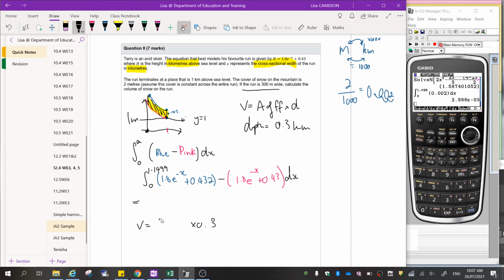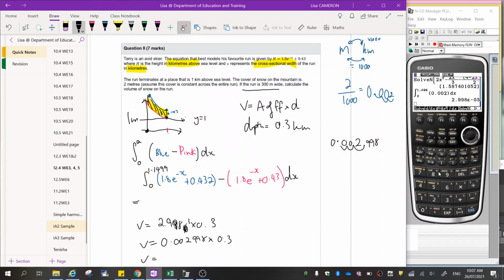That gives me 2.998 times 10 to the power of negative 3, is what that means. So if I do that over here, 2.998, this is moving forward 3 places. 1, 2, 3. There we go. So it should be 0.002998 times 0.3 is our volume.